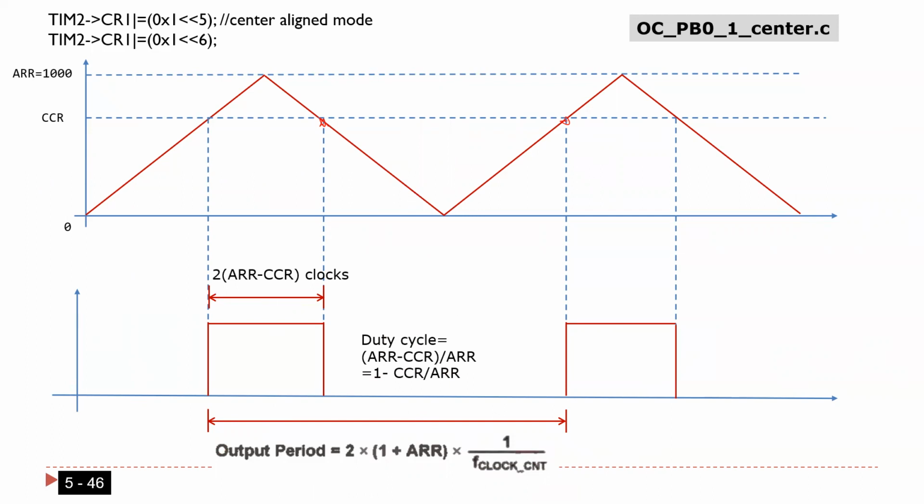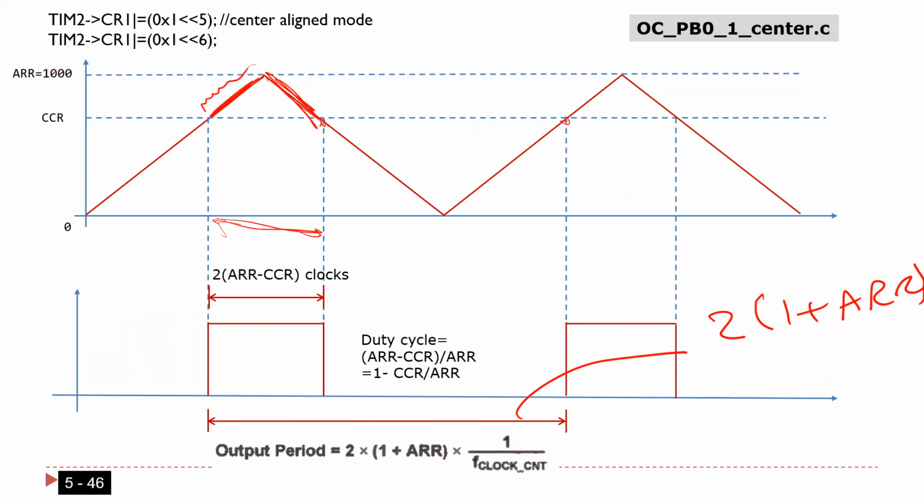Very simple. Again, I have the total count from here to here. The total count is 2 times (1 plus ARR). So how many counts do we have from here to here? Look here, guys. It's this count plus this count, and they are symmetric, so it's 2 times this count. How many times are you going to count here?